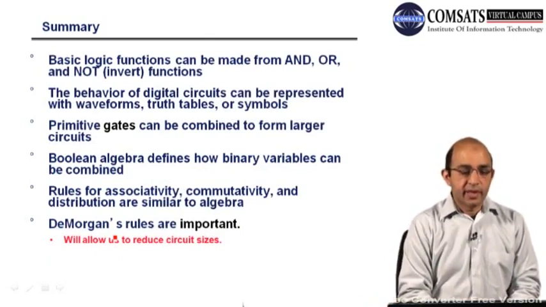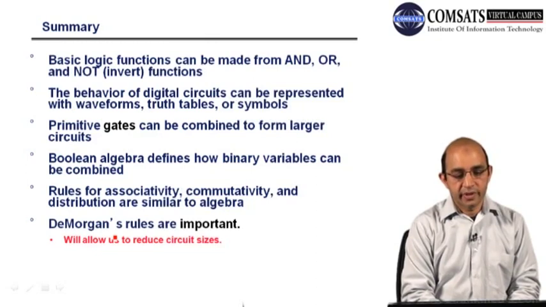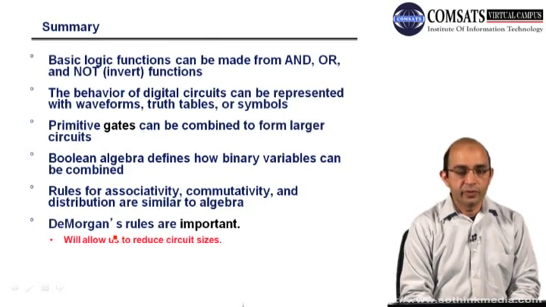So this is all about today's lecture. Today we have discussed Boolean algebra and the evolution of Boolean algebra and different Boolean functions that include AND, OR, and NOT, right? And then we discussed the representation.